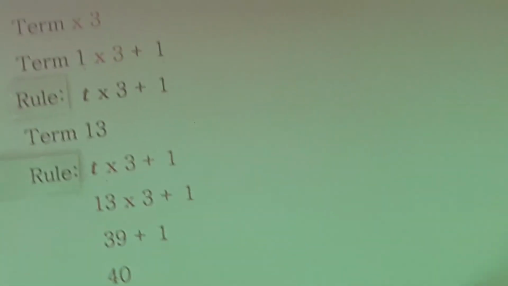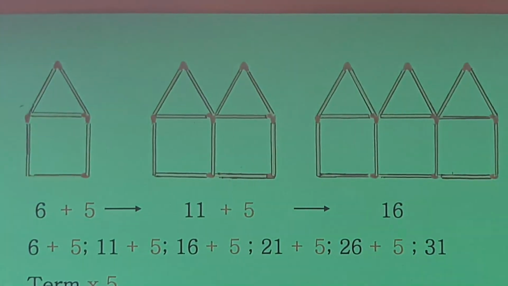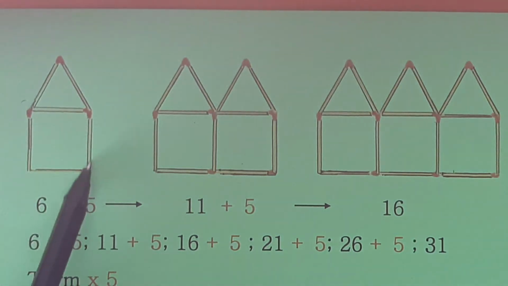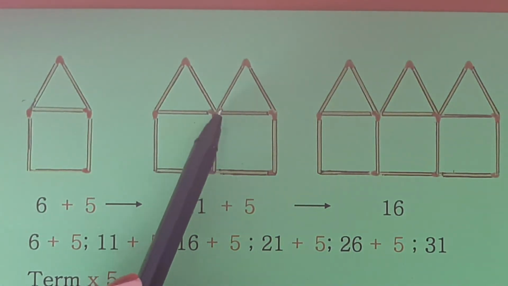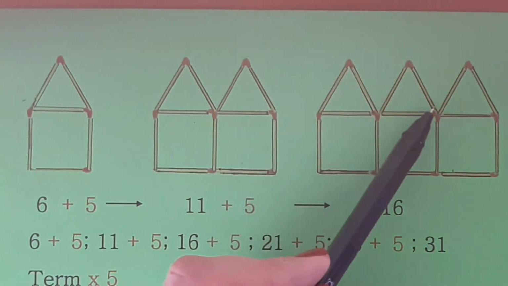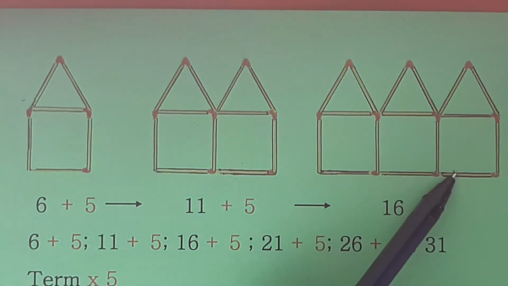The following one is also a geometric pattern, but it can also be written as a number pattern. So you have 1, 2, 3, 4, 5, 6 matches. To add the next one, you will add 1, 2, 3, 4, 5 matches. So every time that you grow the pattern, you will add 5 matches.